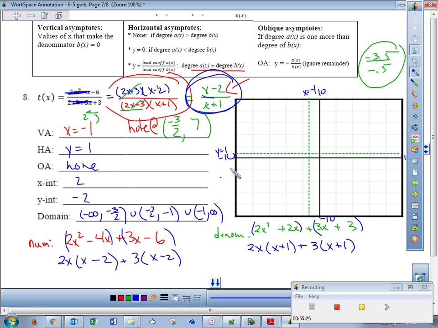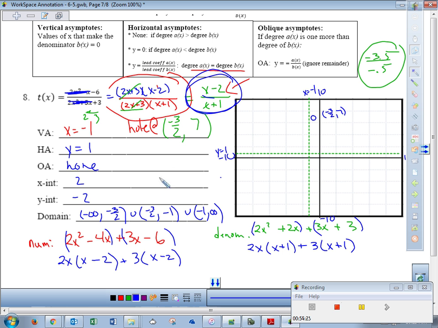Then the next thing I would grab is my hole. You put the asymptotes, then plot where that hole is. It is at negative 1.5, almost negative 2, and labeling them, negative 3.5, yes. There's the hole in the graph.